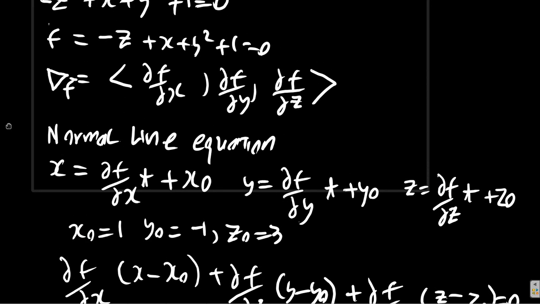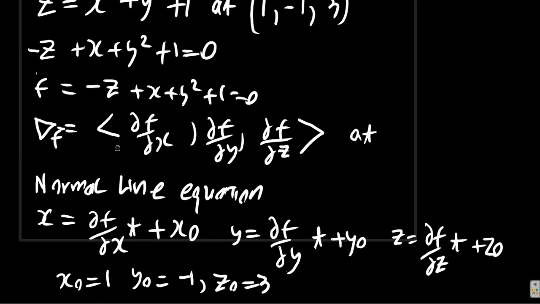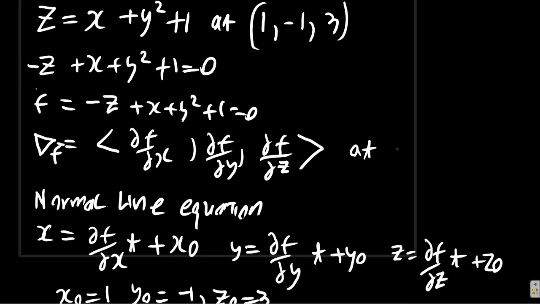You can remember that the gradient of the function is a vector. Here you have delta f by delta z and so on. Those are gradient functions, derivatives. And this will be at the point 1, -1, 3.